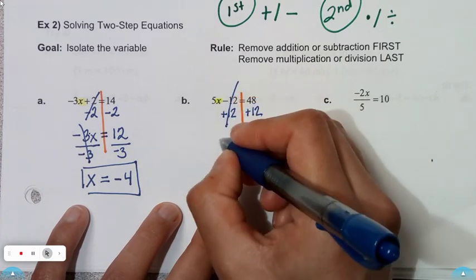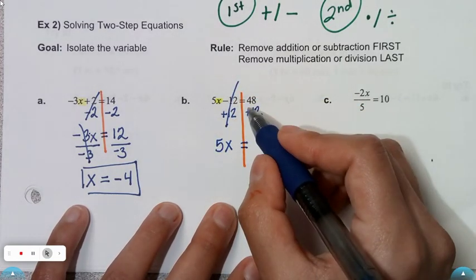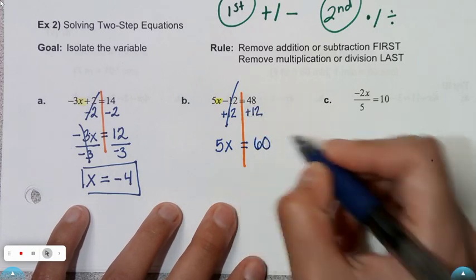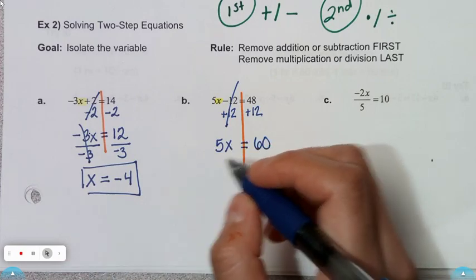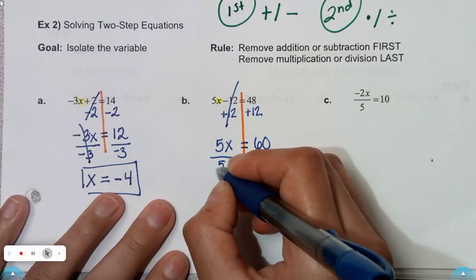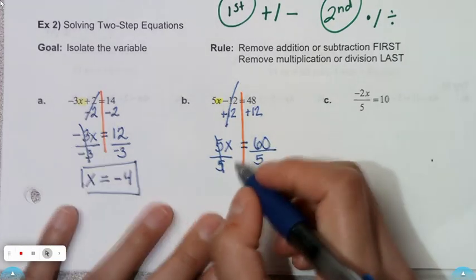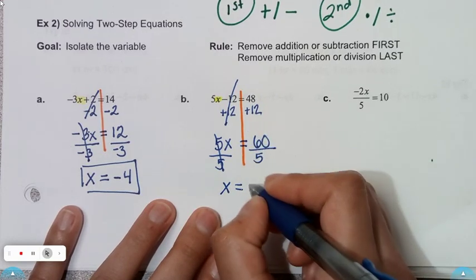I'm left with 5x, my equal sign, and then 48 plus 12, 60. Okay, the last thing I'm going to do is divide by 5. So I'm going to bring down my x. 60 divided by 5 is 12.